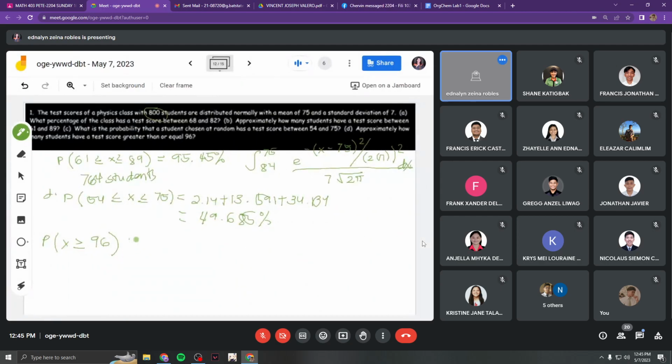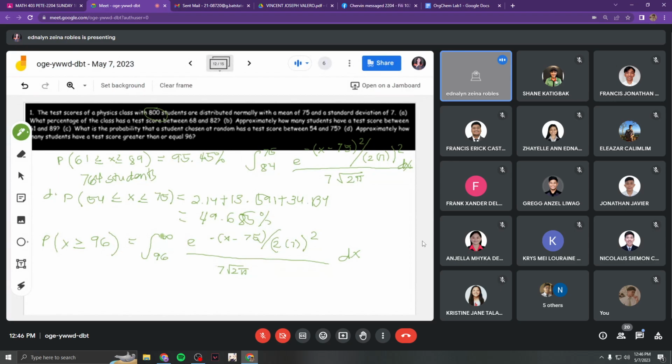So we will be using the definite integral, the formula that we've presented. It is equal to the integral from 96 to infinity of e raised to negative (x minus 75), our mean, whole squared over 2 times 7 squared, all over 7 times the square root of 2 pi dx. Although, we cannot evaluate this because we do have infinity. We can assume values for infinity.